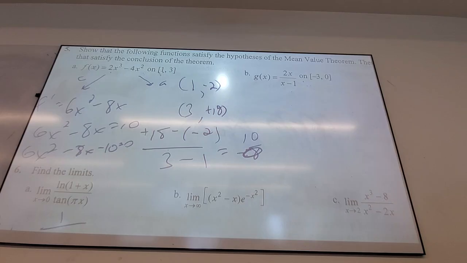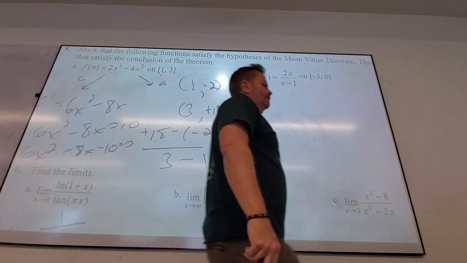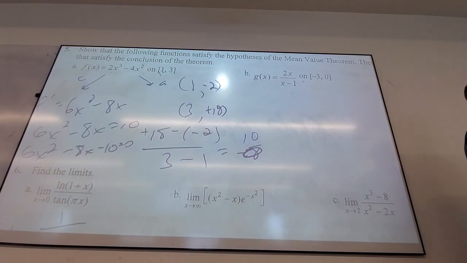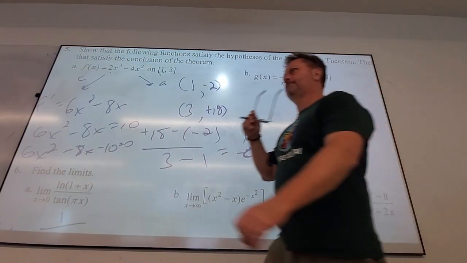So if x is below 0, this is 1, and if x is above 0, this is still 1. So it effectively looks like it's 1. That's true. Now I'm curious what that thing looks like.